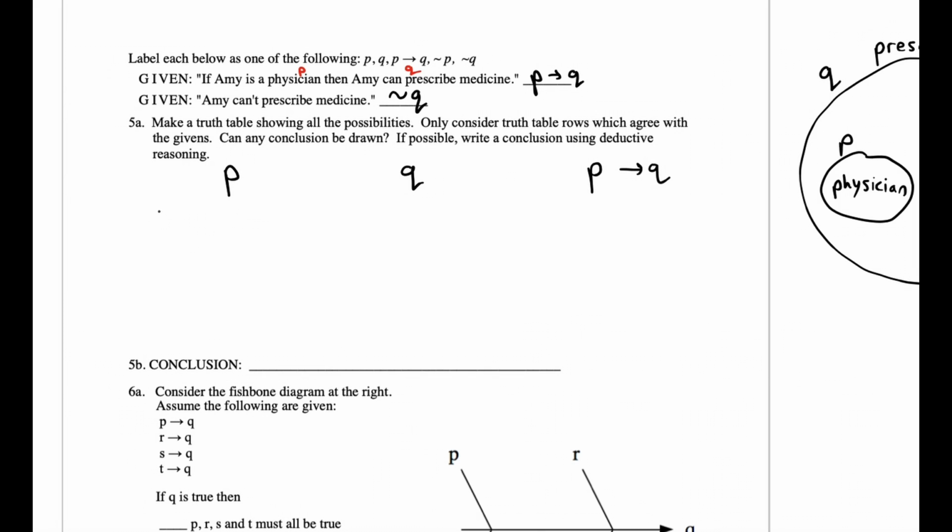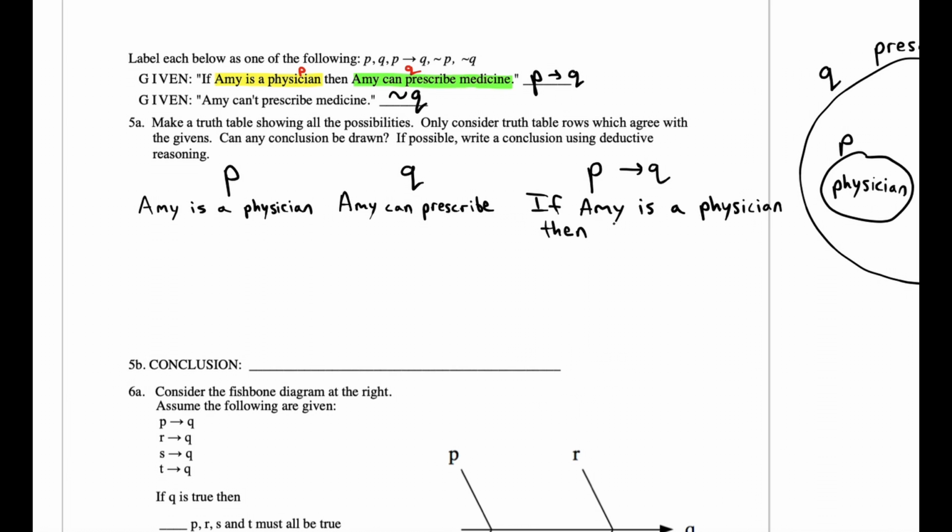The first statement was that Amy is a physician. That is the first part of the statement, P. Then the second part of the statement is that Amy can prescribe medicine. So let's let that be the Q. This is the statement: if Amy is a physician, then Amy can prescribe.